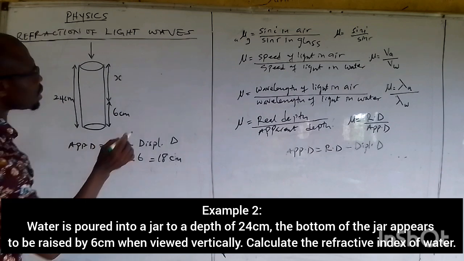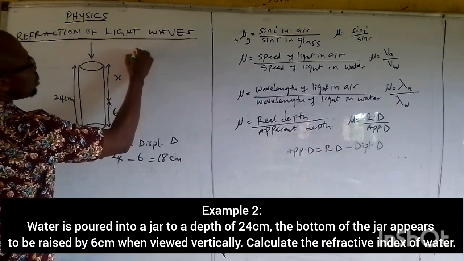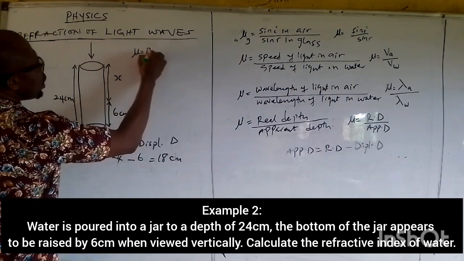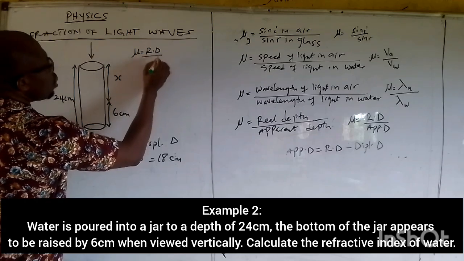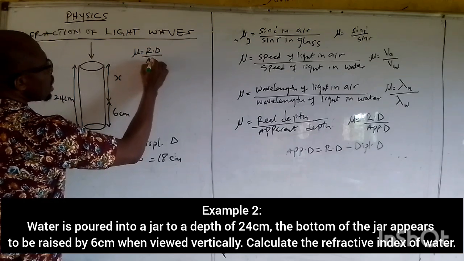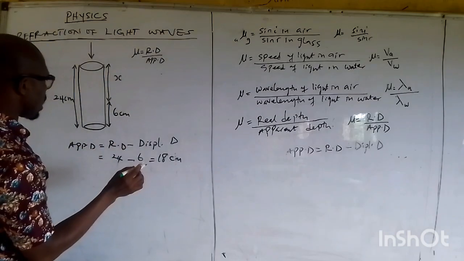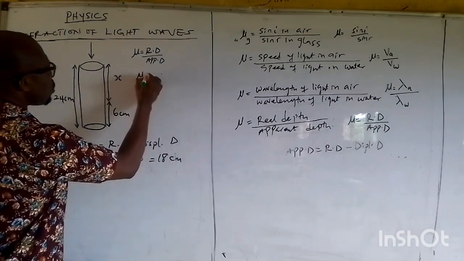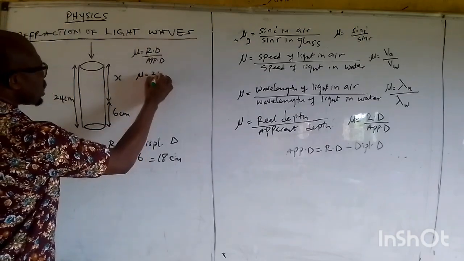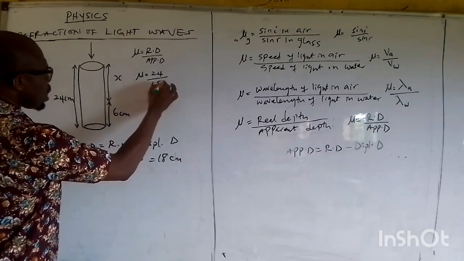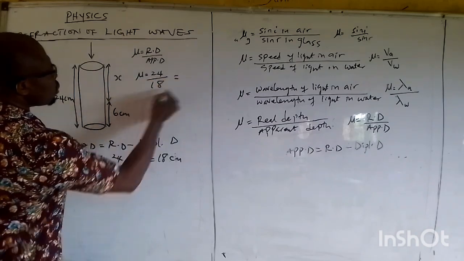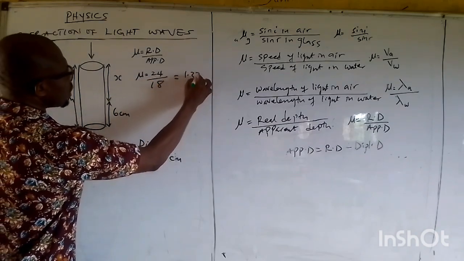Our formula says mu is equal to real depth all over the apparent depth. The refractive index will now give us mu equal to 24 all over 18, which will give us 1.33.